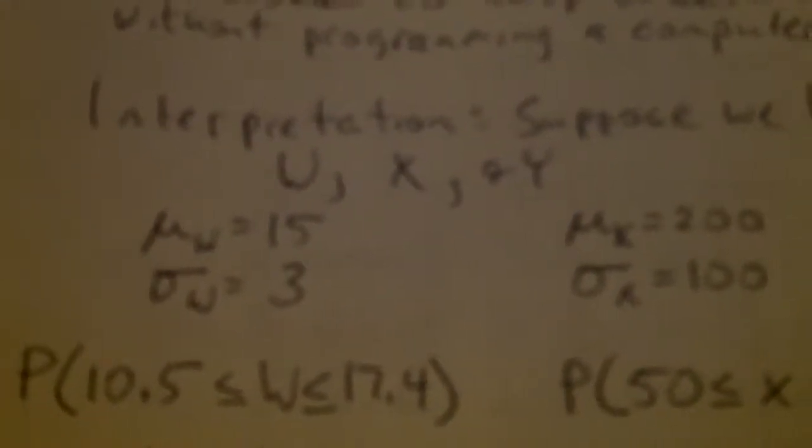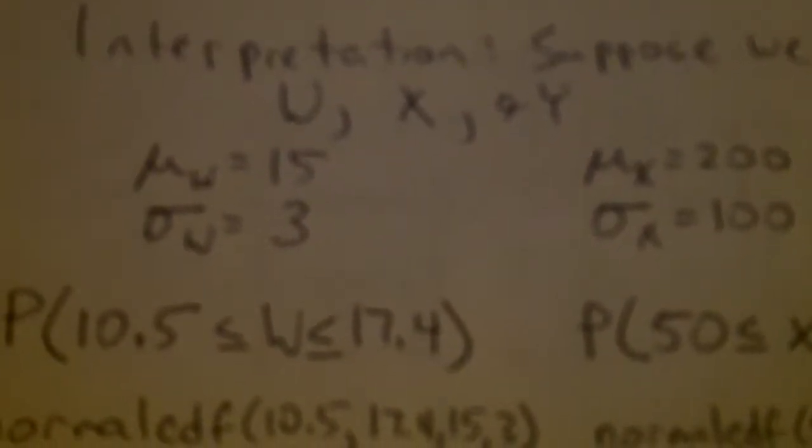Okay, so to give you an idea of where the standard normal still comes in, we've got 3 normal random variables here. Pardon me, w, x, and y. For w, the mean is 15, the standard deviation is 3. For x, the mean is 200, the standard deviation is 100.